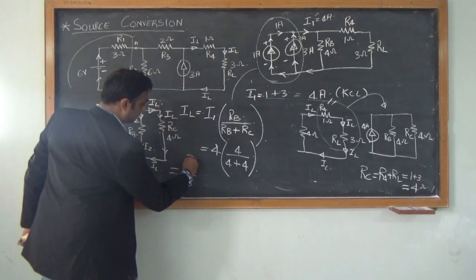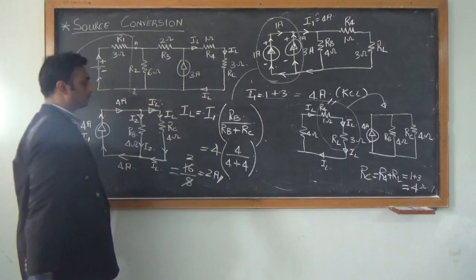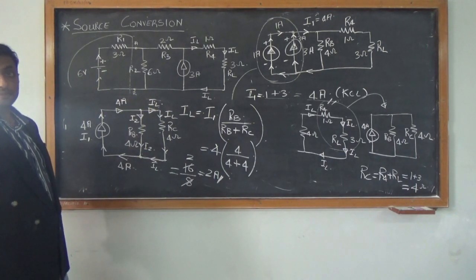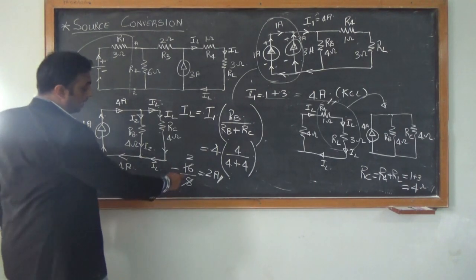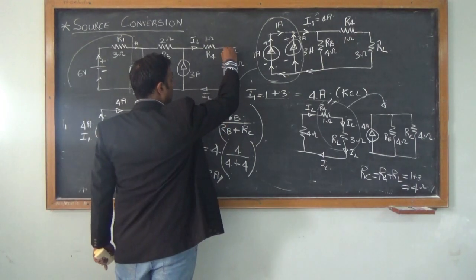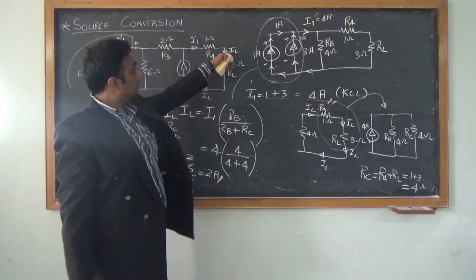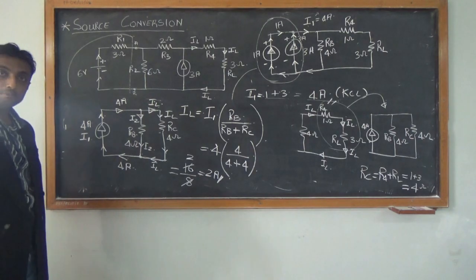So 8 divided by 16 is 2. So I have 2 amps of current flowing in IL. So this is how I can find out the value of my current flowing in my 3 ohms resistor. So I got the value of IL. So the current flowing in this 3 ohms resistor will be equal to 2 amps.